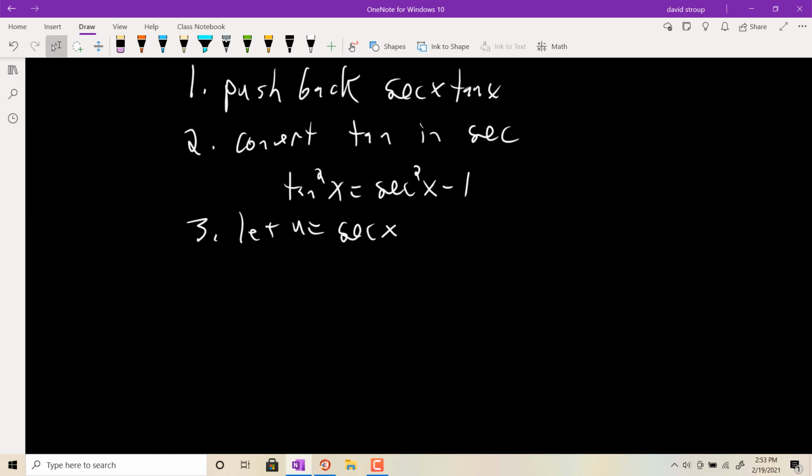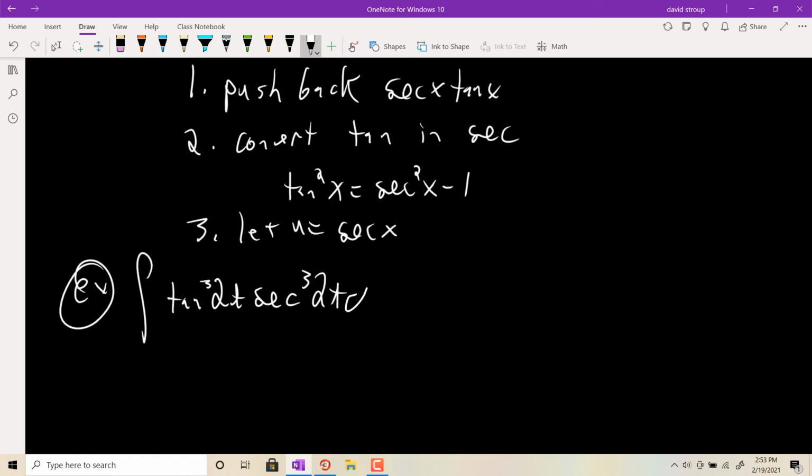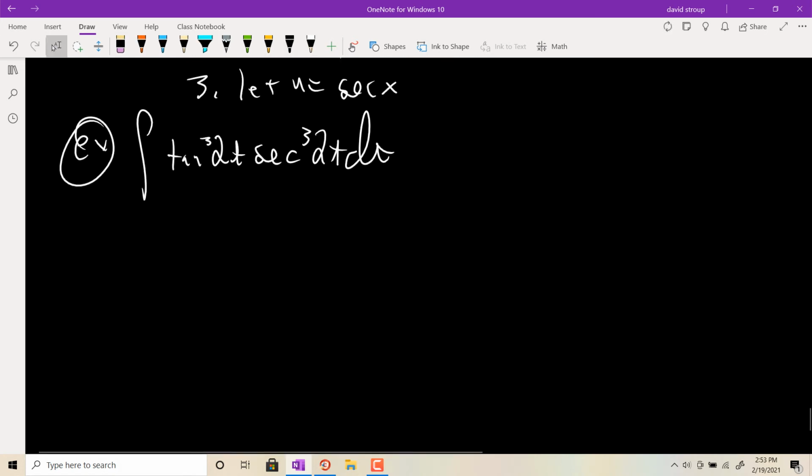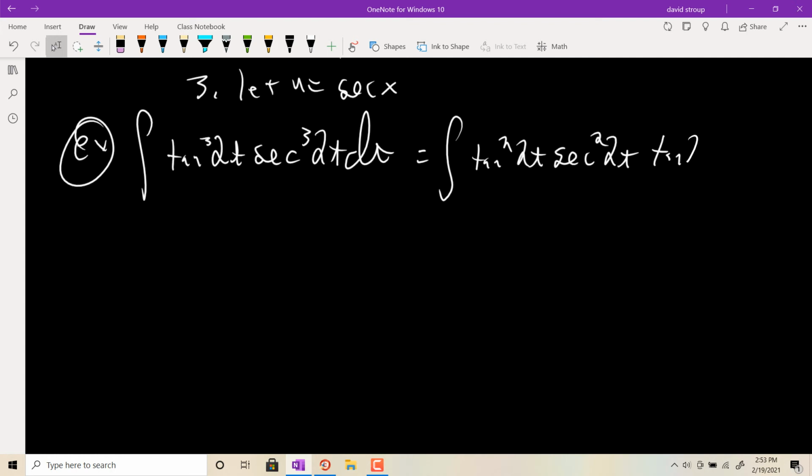Okie dokie. Let's take a look. So here we go. Example: integral of tan cubed 2t secant cubed 2t dt. First we're going to push back a tan secant. So it'll leave us with tan squared 2t, secant squared 2t, and then tan 2t secant 2t dt.